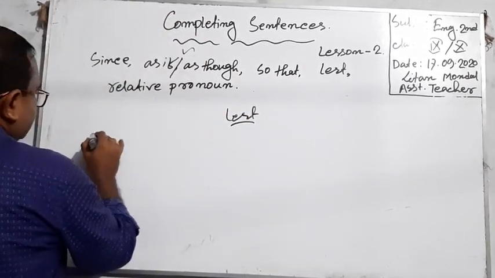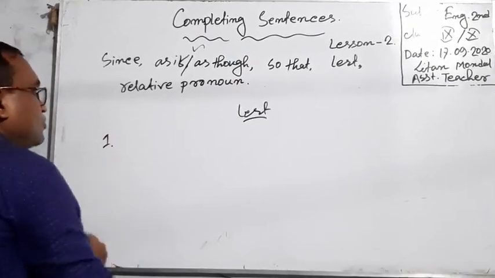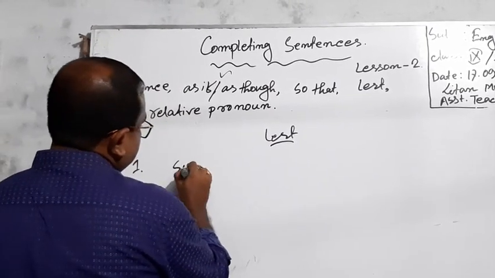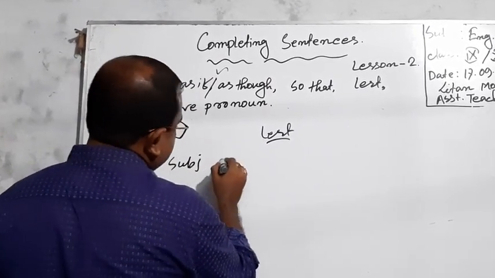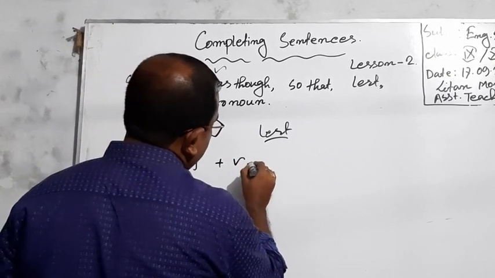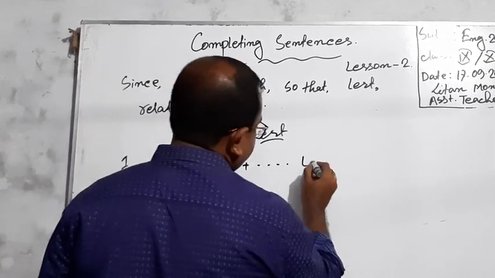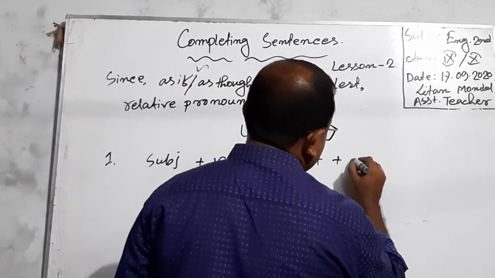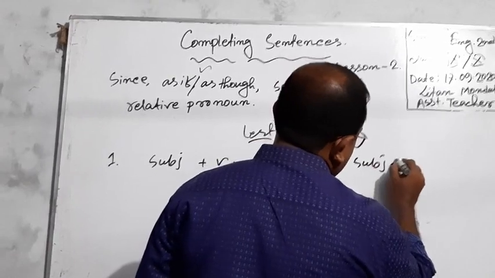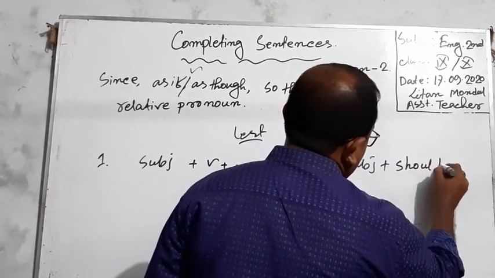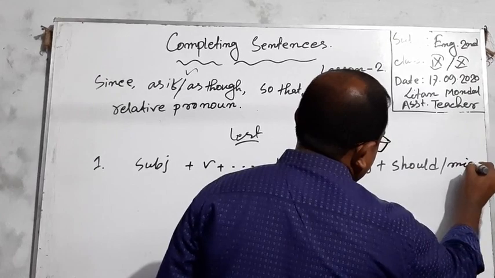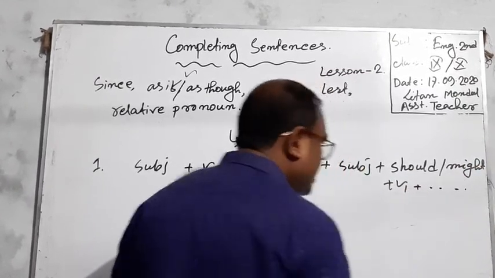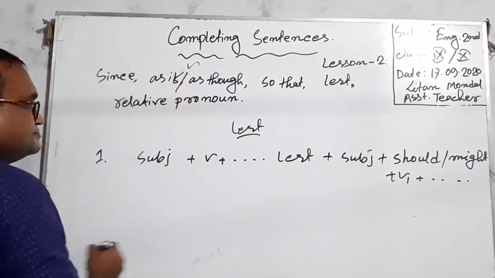Now let us see the structure for lest. You know, lest always takes one structure, and this is subject plus verb plus lest plus subject for the second structure plus should or might plus V1 plus object or any other thing.